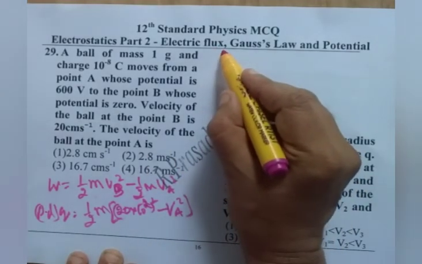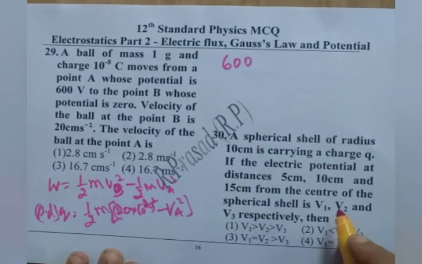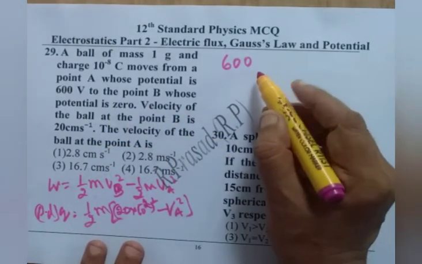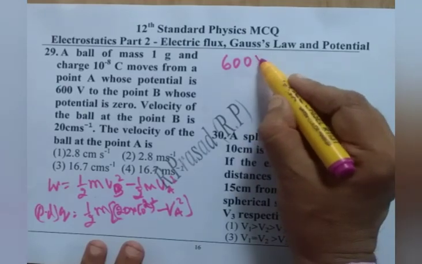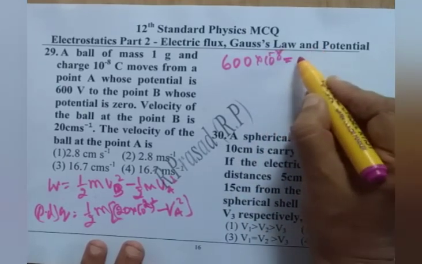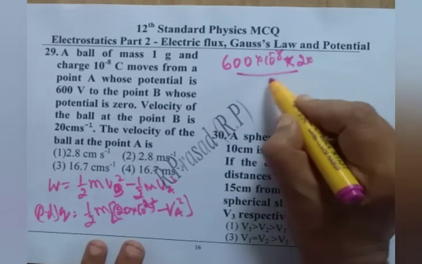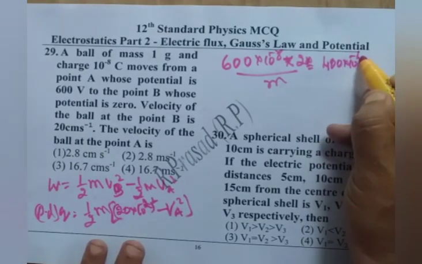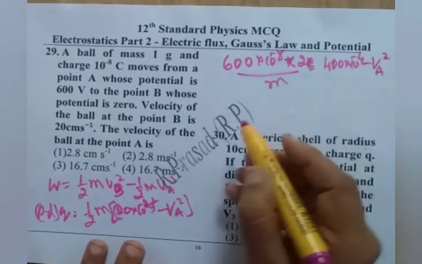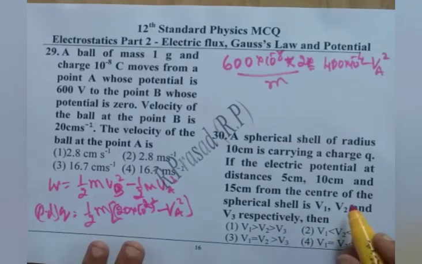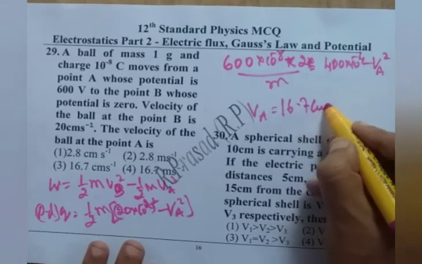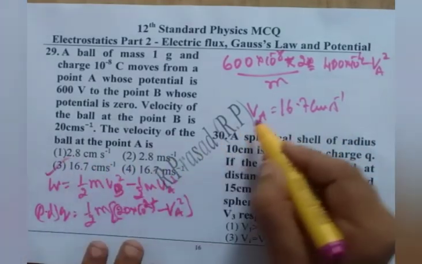Potential difference is 600 volts, into charge moved, 10 raised to minus 8, which is equal to, into 2 by m, which is equal to 400 into 10 raised to minus 4, minus Va square. If we calculate these things, we will get finally Va as 16.7 centimeter per second. So option 3 is right.